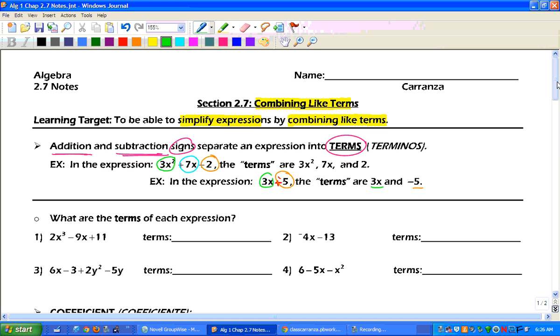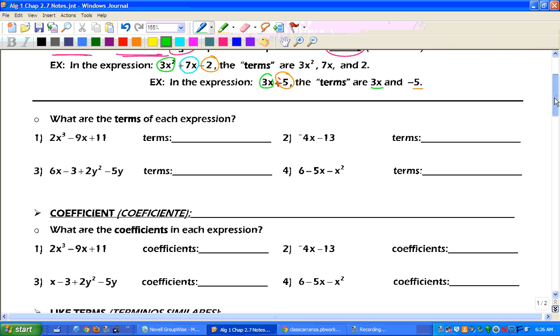Okay? So let's go through terms. Before we figure out the terms, go through and click, click. So our different terms are the 2x cubed, negative 9x.